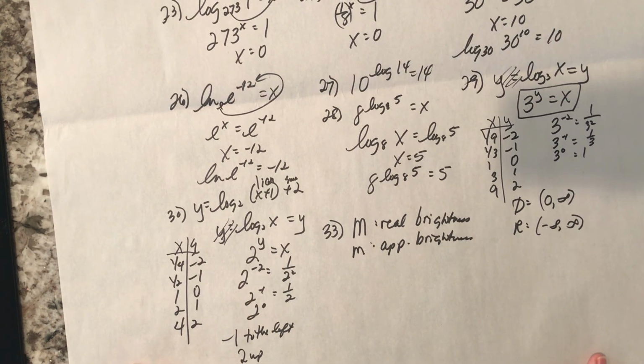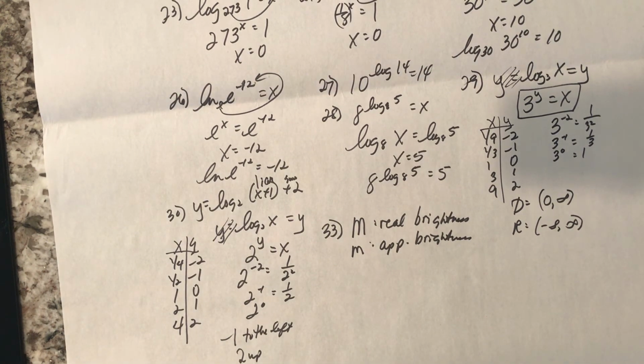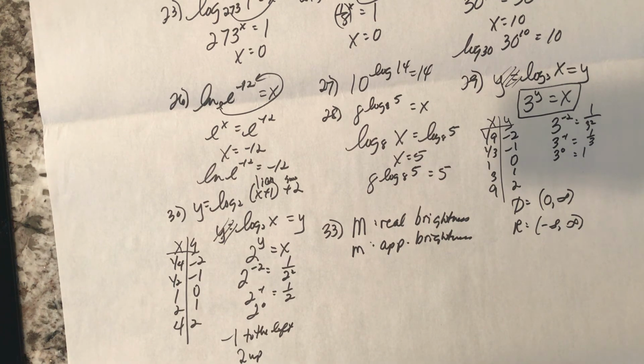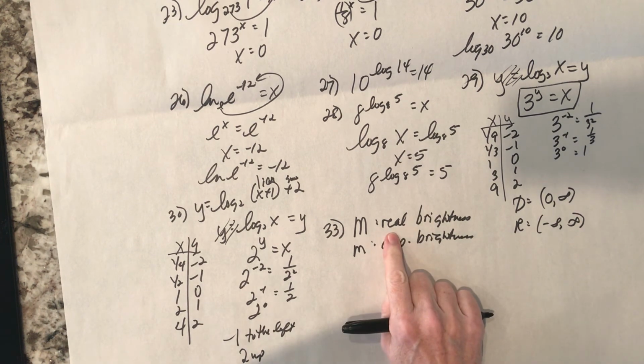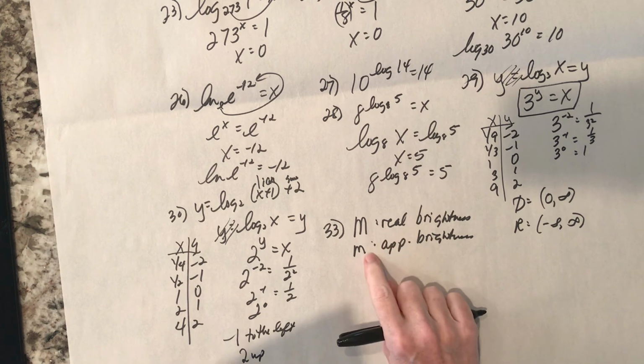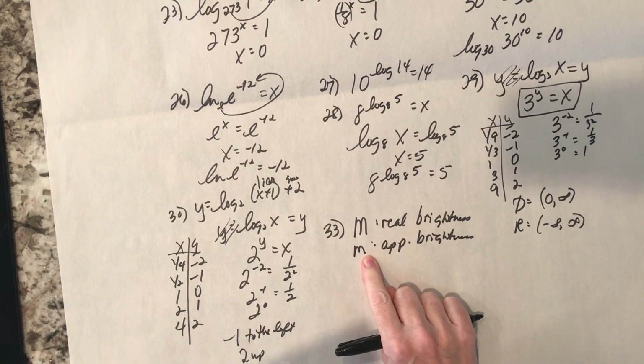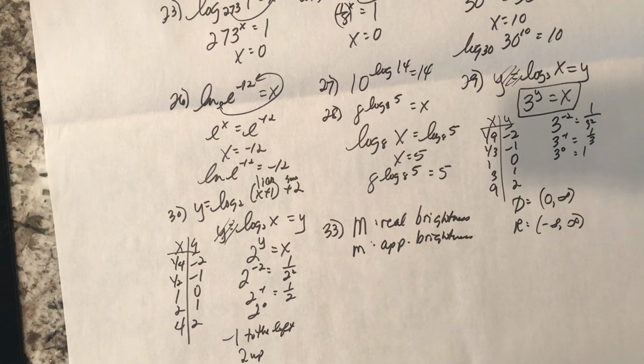Scientists a lot smarter than me came up with this idea. Let me read through this so we can talk about it. The absolute magnitude, what's real, of a star is the apparent magnitude, the amount that it seems like it is, that a star would have if it were placed 10 parsecs from Earth.